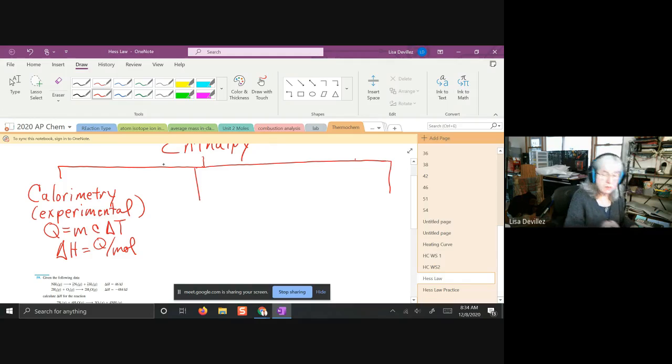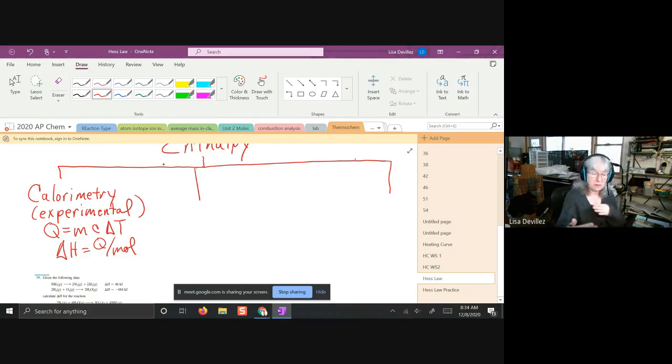The key reason that we can use these other methods is because enthalpy is a state function, meaning it only matters where it starts and where it ends. If it takes 2 steps to get from the start to the end, or 5 steps, the enthalpy value will still be the same.